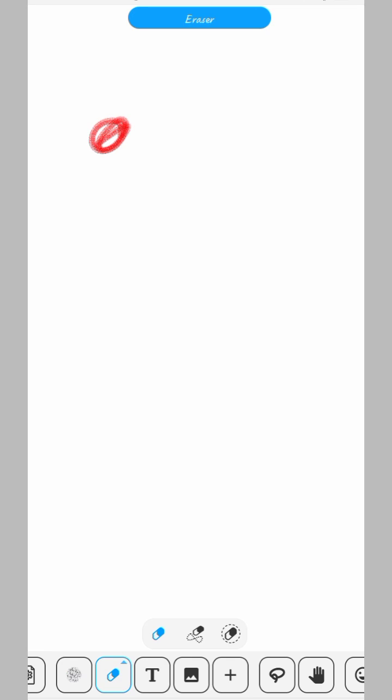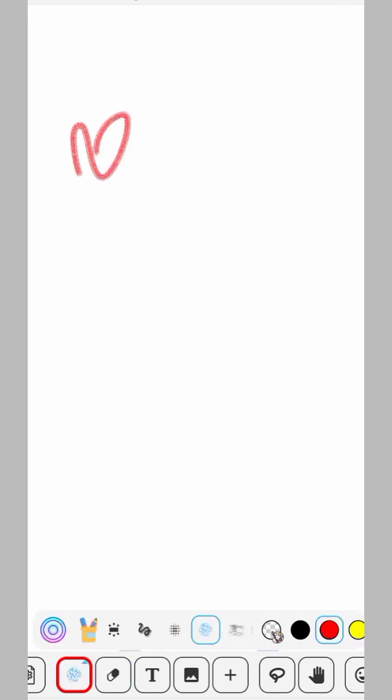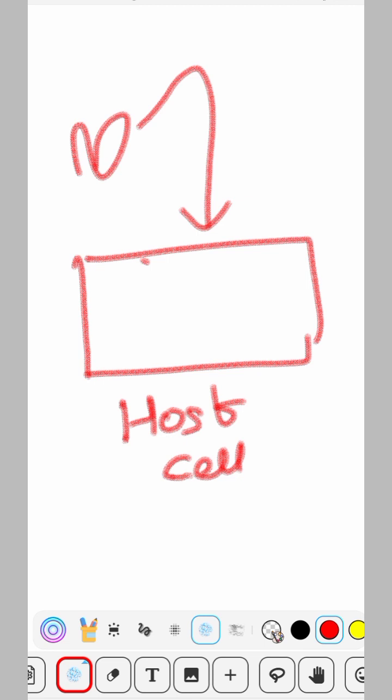There is no particular shape to it. But when it enters the host cell, because of the cos sites present in the lambda phage part of the cosmid, they adopt a circular form inside the host cell.